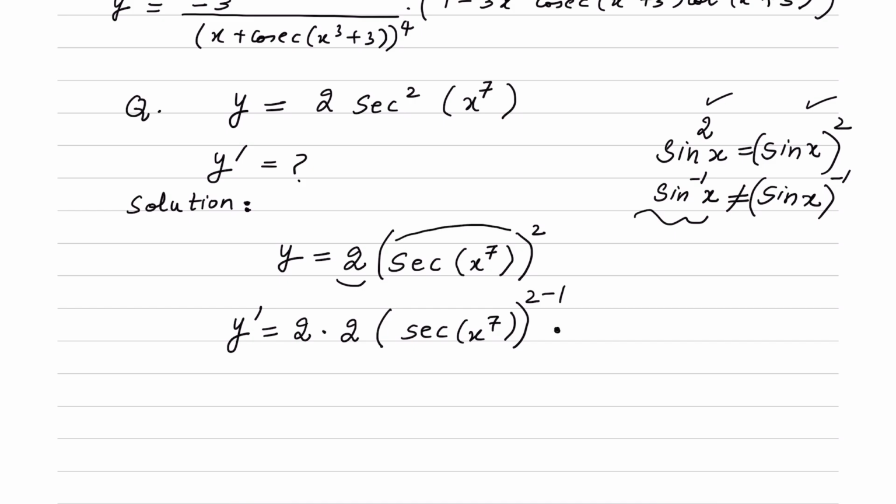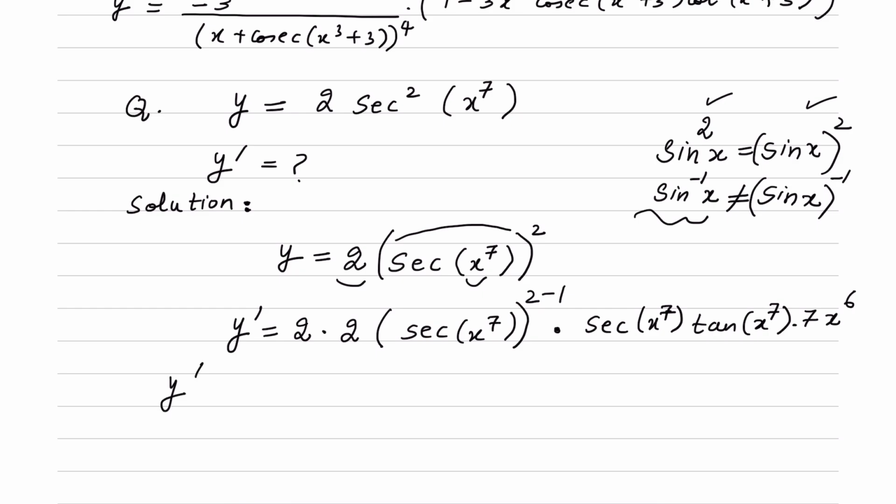Now this inside term is secant of the angle. The derivative of secant is secant x tan x, but here we don't have x as the angle, we have the angle x to power 7. So we will write secant angle tan angle, and then the derivative of the angle, which is 7 into x to power 6.